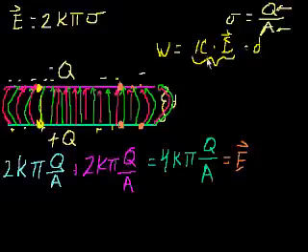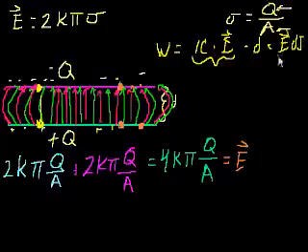Force times distance. So we see the work necessary is going to be the electric field times d joules. The J is joules. And so what is the voltage? The voltage difference, or the electric potential difference between this point and this point. Let's call that VA. Let's call that point A.